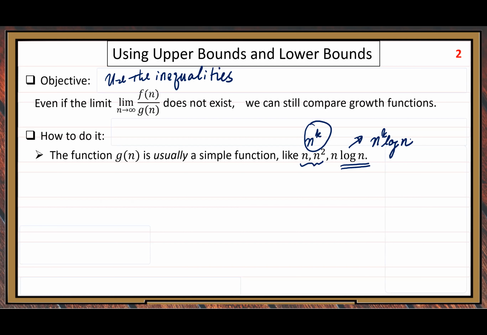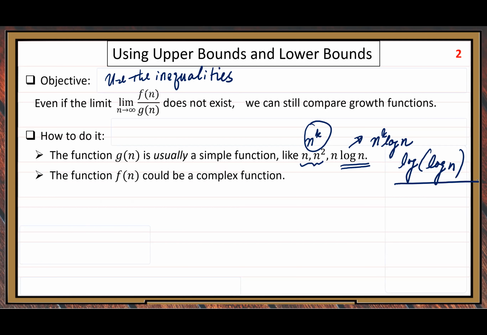There is another, more complicated case, but it's very rare: a nested log function, a log of another log. Fortunately, in this class we won't see it, and we won't have any algorithm like that.